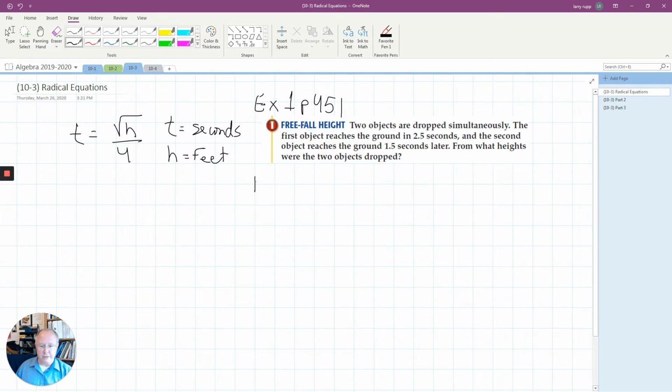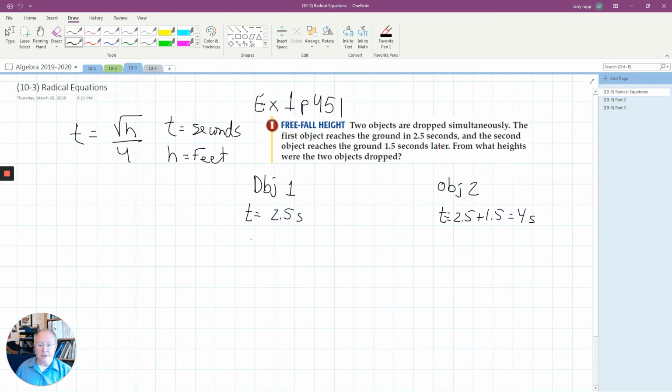We'll have object 1, and the t for that was 2.5 seconds. And then over here, we're going to have object 2, and the t for this was 2.5 plus 1.5, which is 4 seconds.